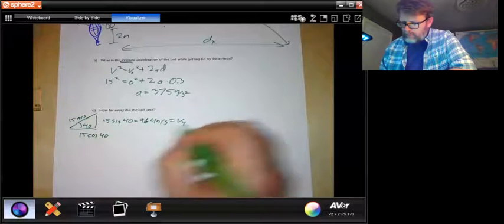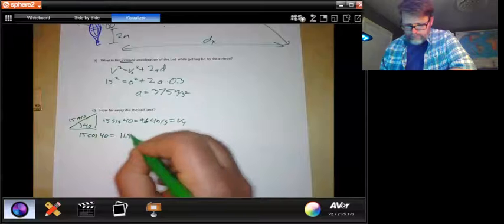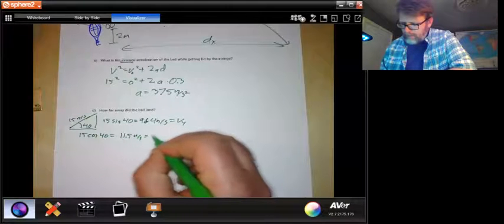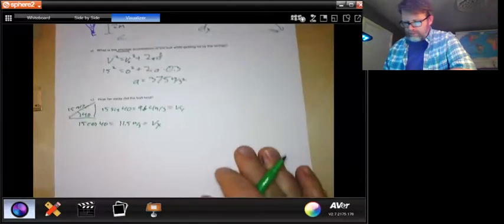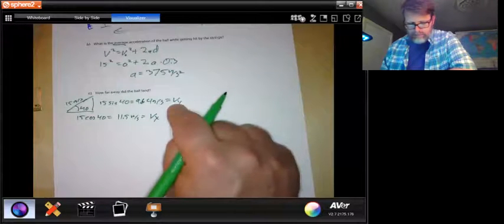That is my velocity in the y, and this was 11.5. That is my velocity in the x. Okay, so now I can do my x's and my y's.